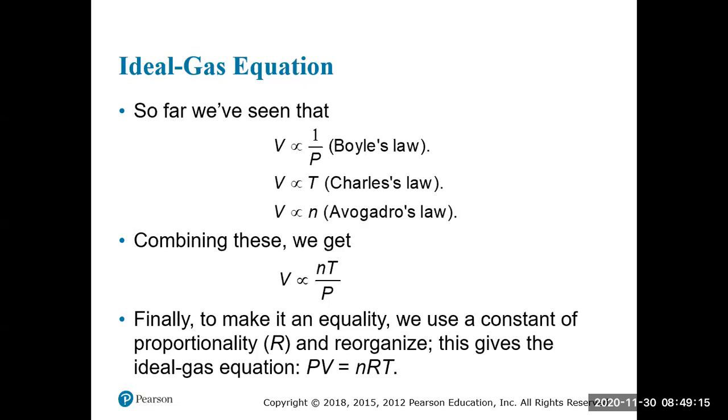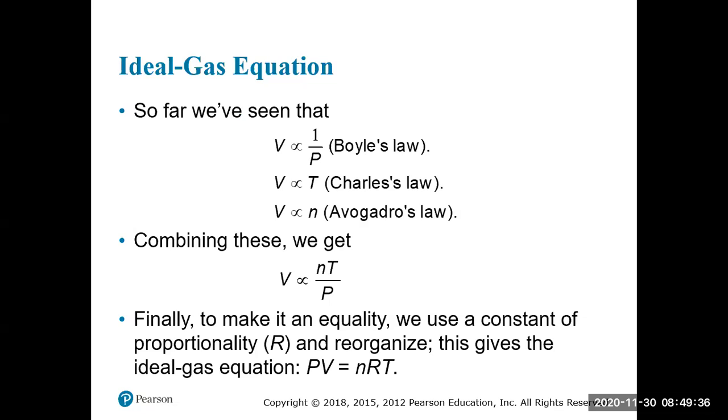So we talked about Boyle's law, Avogadro's law, Charles's law. And we saw some relationships between volume and pressure, volume and temperature, volume and number of moles. And so we can take all these relationships and combine them.